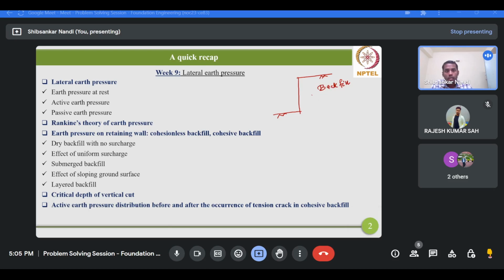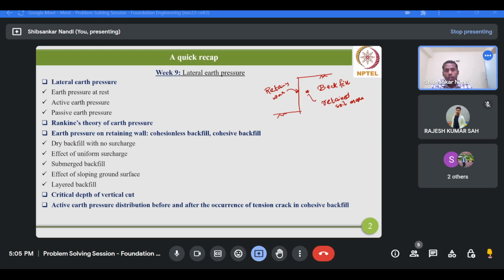This is the retained soil mass, which is called backfill. And this is the structure, known as retaining wall. This wall is basically retaining this backfill or soil mass. That's why this is called retaining wall.